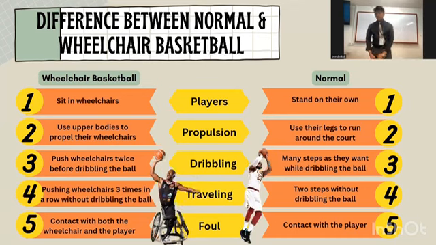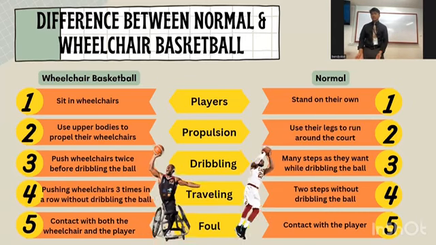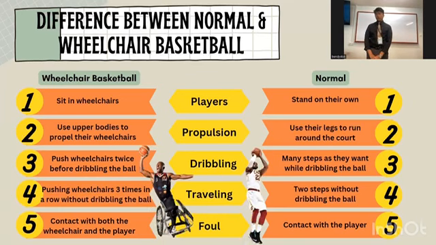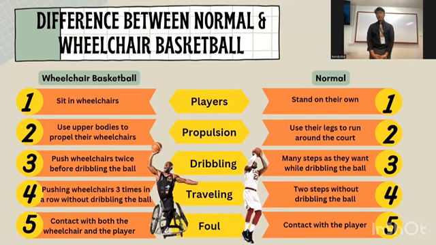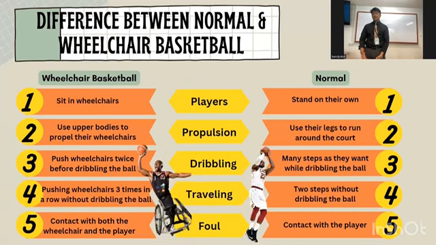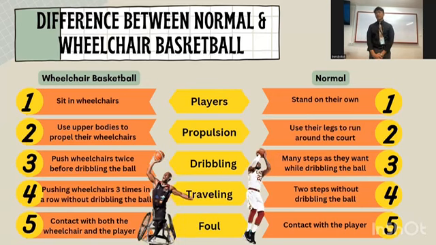Okay, for the difference between the actual basketball player and wheelchair basketball player, as you can see, the first one is the player itself. Obviously, the wheelchair player will sit in the wheelchair, and the normal athlete will stand on their own feet.